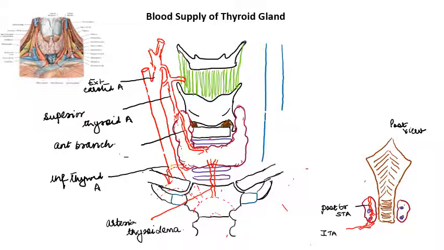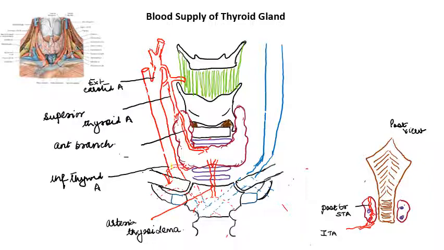It joins the subclavian vein at the root of the neck and forms the left brachiocephalic vein on this side, which will join the right brachiocephalic, which will be coming from this side, right?